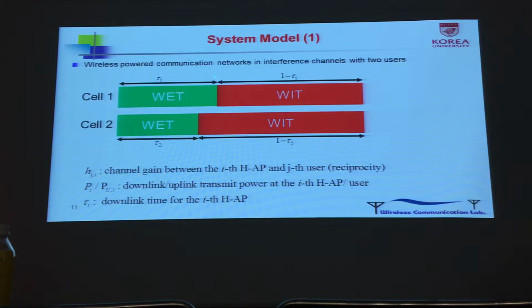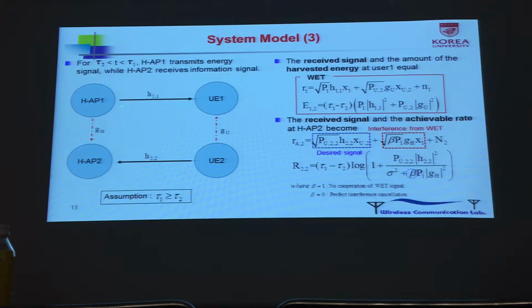In the second stage, there is some misalignment between the WET and WIT in cell 1 and cell 2, described in this scenario. In the first cell, user 1 is still charging its battery, while in cell 2, user 2 is transmitting the data back to its corresponding base station.